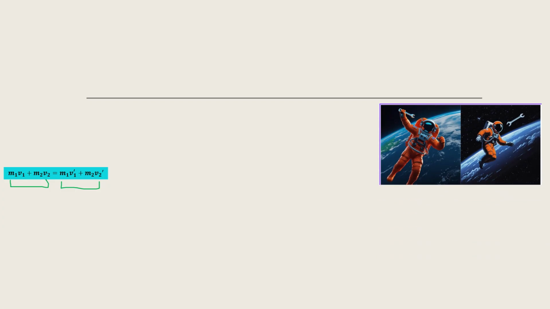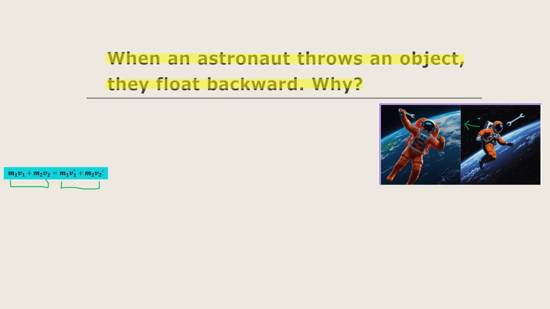And in our first slide, we asked the question about the astronaut. When he throws the object in space, he moves in the backward direction. Why is that? The initial momentum of the astronaut is 0 before throwing an object. And as he throws, the object is moving in the forward direction with some velocity.